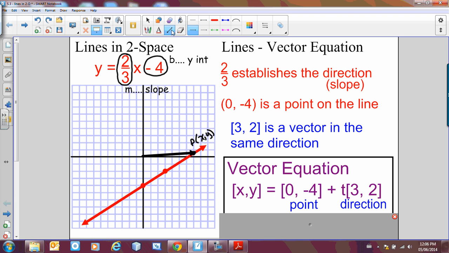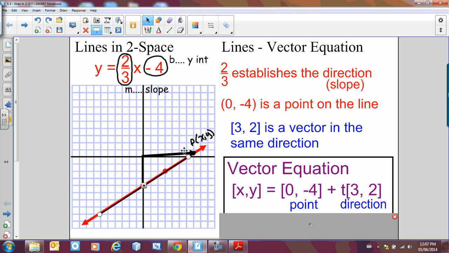To find that value, we end up with a combination of the vector that leads us to this point and some multiple of the direction vector, the blue vector that I just deleted, I didn't mean to delete it, that's going to take us along that line. So really what we're doing here is establishing a way to find a point on a line, eventually in 3 space, but for now in 2 space, when I can't deal with slope in a traditional sense.